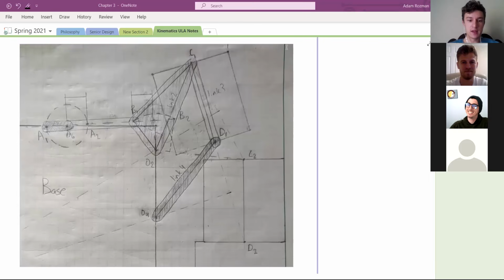So we have our linkages. These are our desired coupler outputs. So what we want to do, you're just kind of drawing your bisections between your C's and your D's. And then, oh, I guess not your bisections.